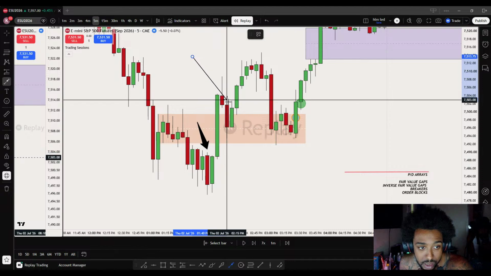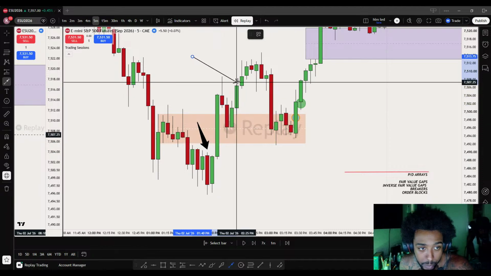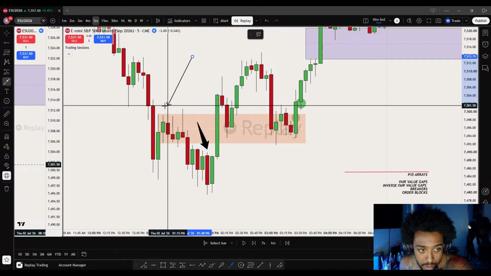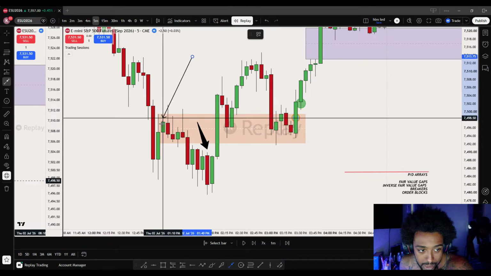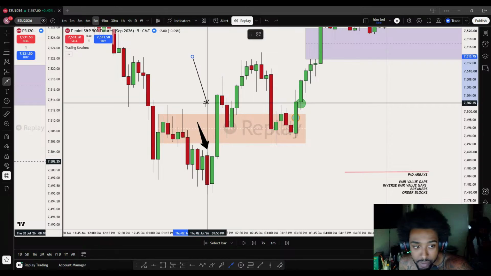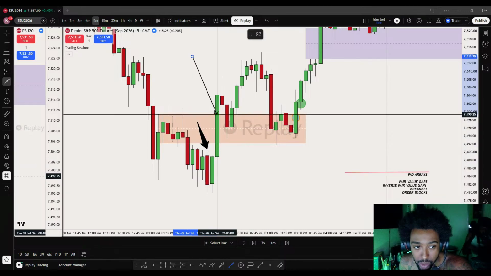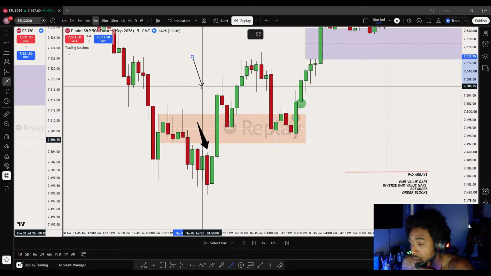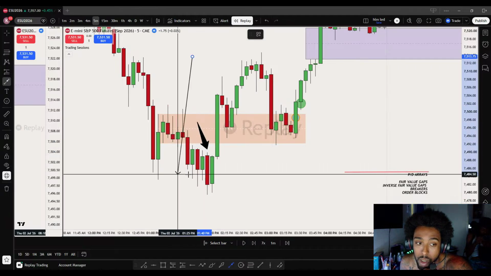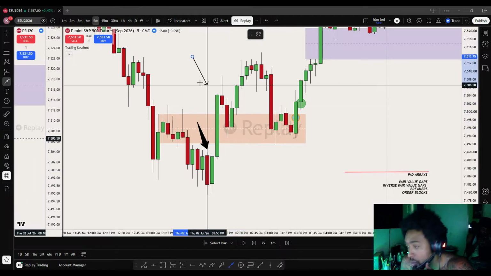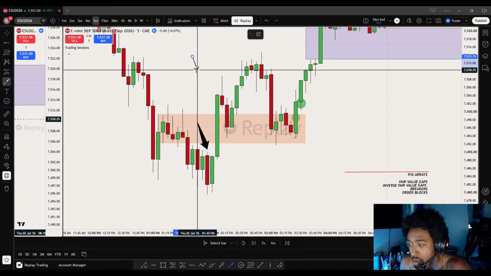So if this got engulfed up here, just how this got engulfed here, doesn't this mean it's an engulfing pattern also? If these two green candles engulf all of these. So what I'm saying is this is an order block, this is an order block, this is an order block. They're all order blocks.